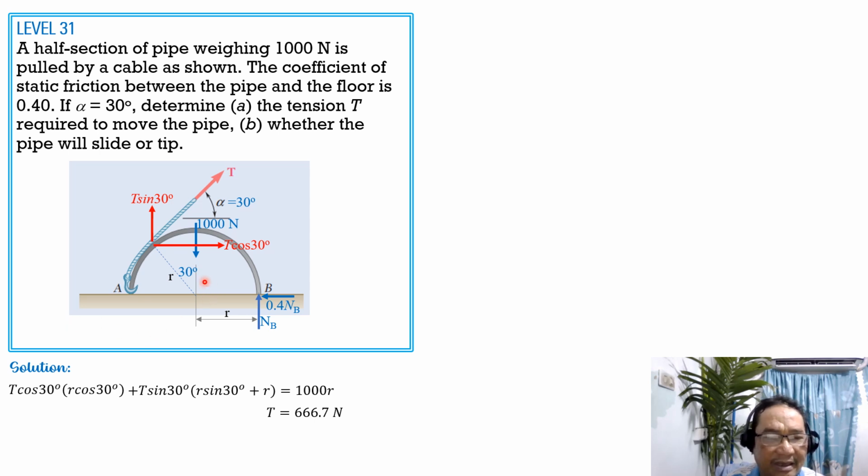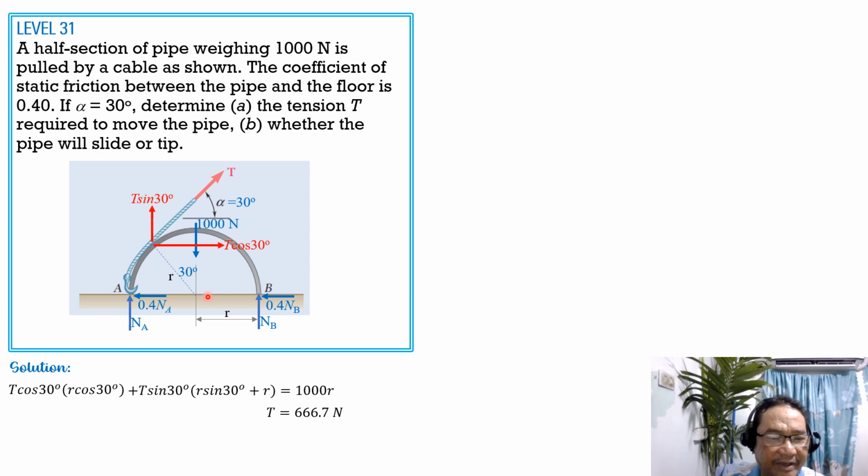Likewise, when the half section pipe is about to slip or slide, then there will be normal reaction at A as shown, and friction is also maximum because the condition is the tension T required to move the pipe, so it is about to move at the maximum tension. So friction is 0.4 of Na as shown.